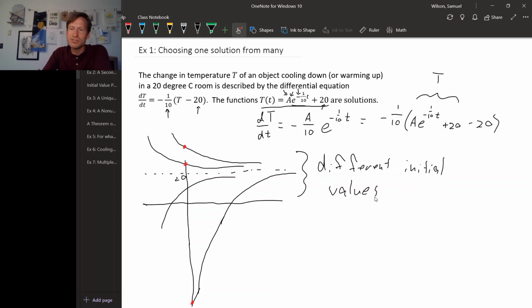And in retrospect, that isn't a surprise, because I said this differential equation describes an object cooling down or warming up in a 20 degree Celsius room, but what determines whether it cools down or warms up? Well, it depends on whether it starts warmer than the room or colder than the room. So, of course, the actual behavior of the situation depends on where you start out. In retrospect, that makes sense.